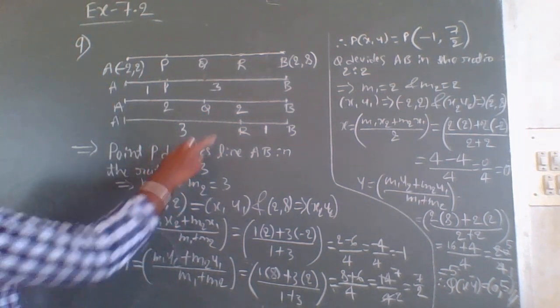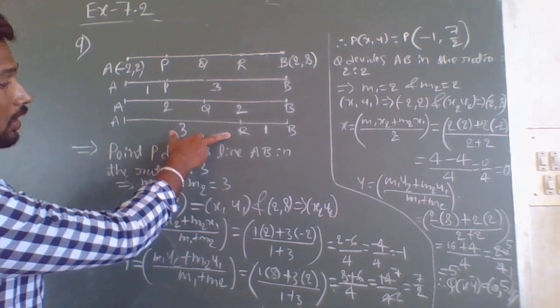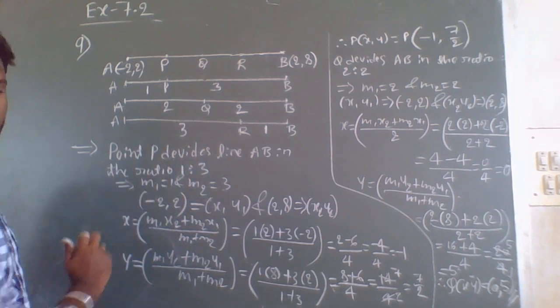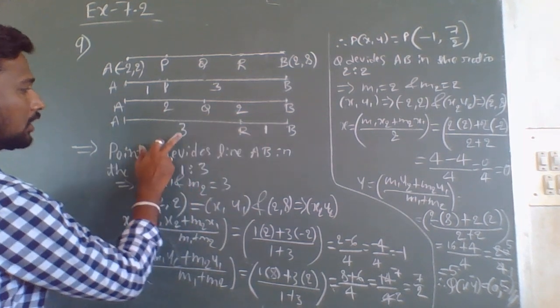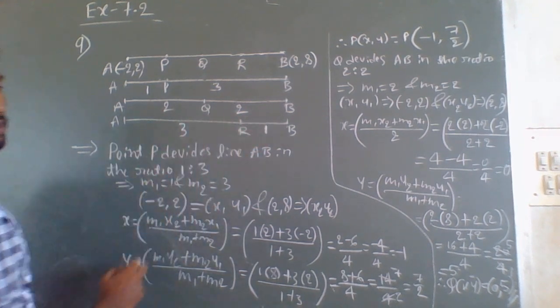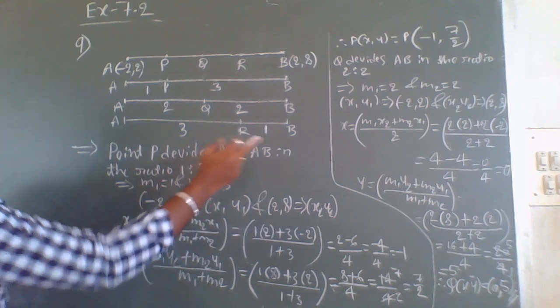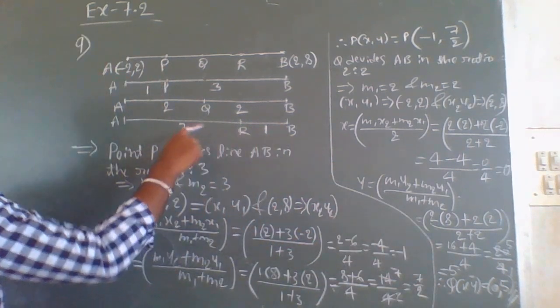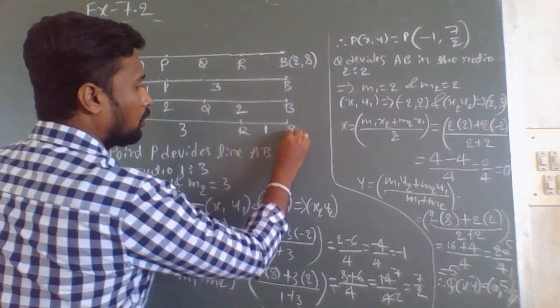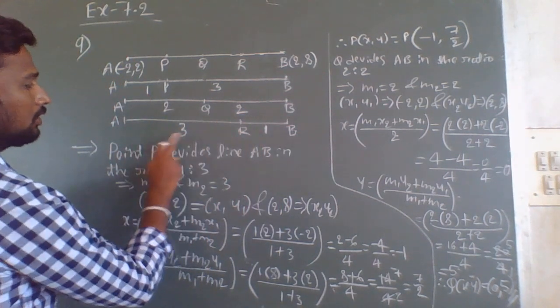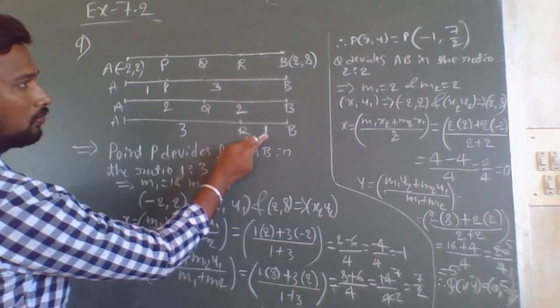Okay, what are the M1, M2 values for point R? You know that this point R is dividing line AB in the ratio 3:1. After this you should write: point R divides line AB in the ratio 3:1.